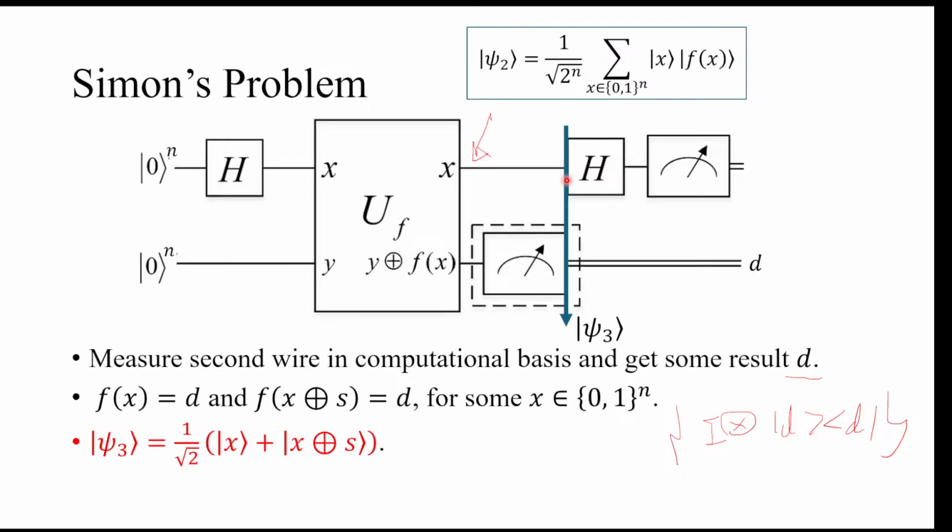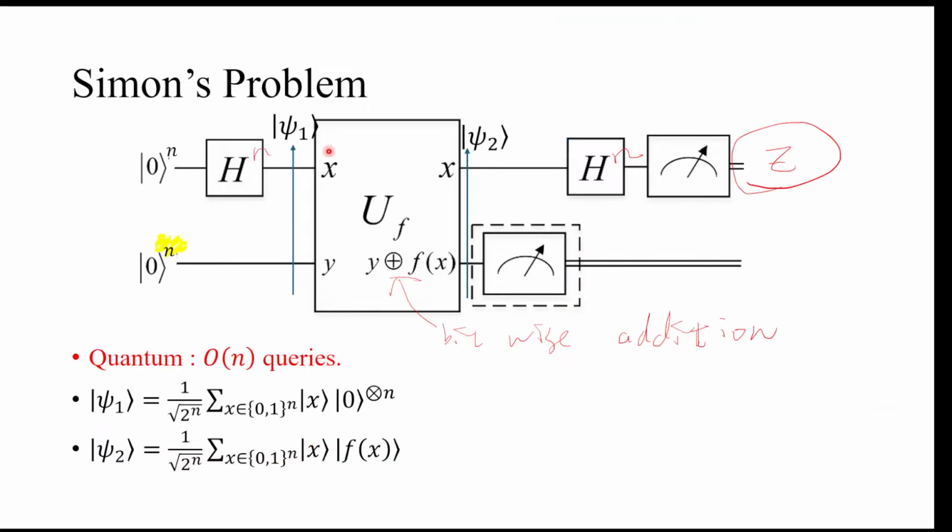Okay, and I guess now an important thing is that measuring only the second register is different from measuring both registers. Okay, so this is something we tested on our quiz. When you measure the second register, you get something really interesting.